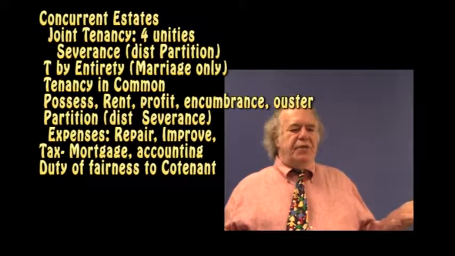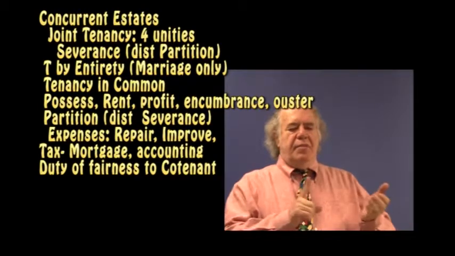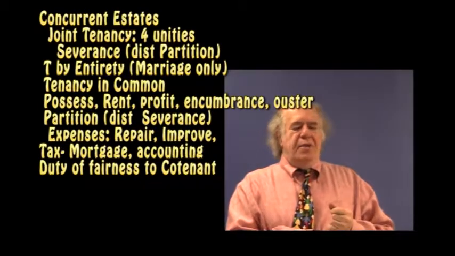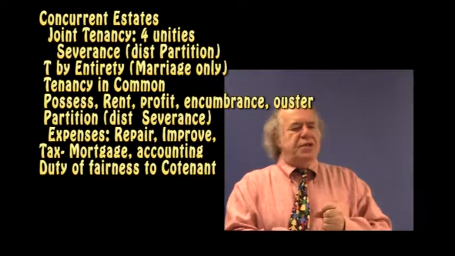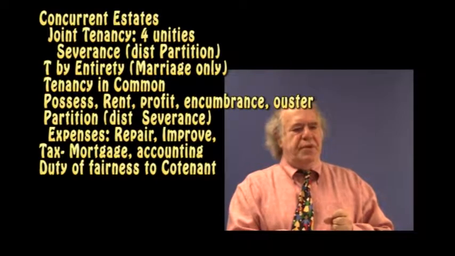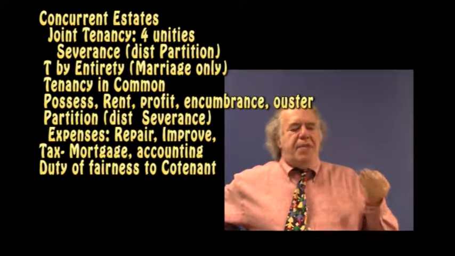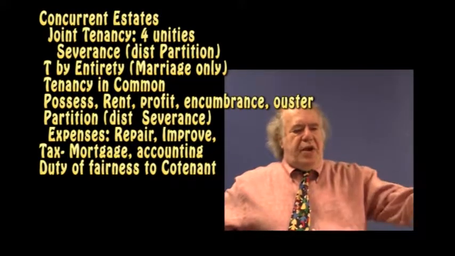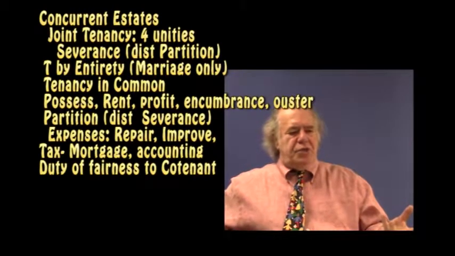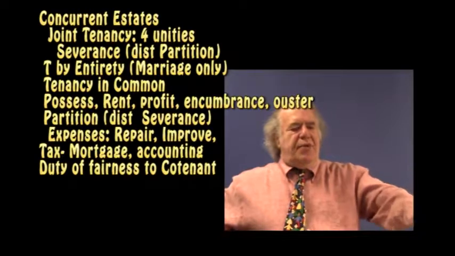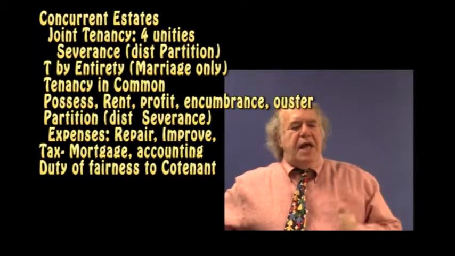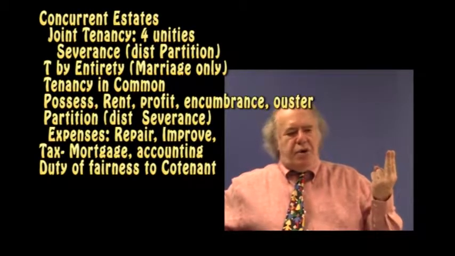So how is it different from the joint tenancy? Number one, we don't need the four unities. They can be created at different times. Number two, there is no right of survivorship. To A, B, and C and their heirs creates a fee simple absolute, and C dies. A and B don't now own the whole thing.